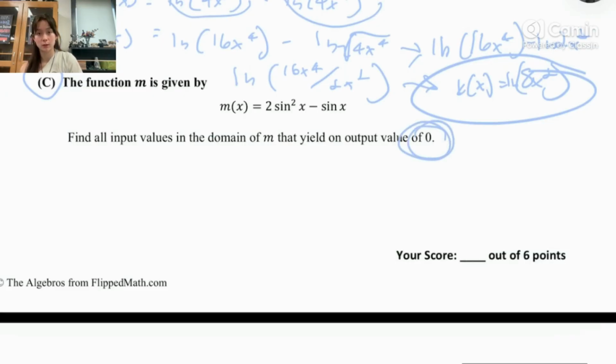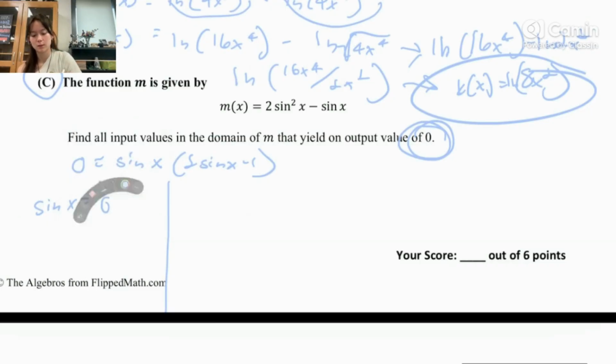We have to know that it's an output of 0, so you plug that into m of x, so that equals sine of x times 2 sine of x minus 1. And there's 2 parts for this one. So sine of x could equal 0. So we would do sine x equals 0, and then inverse that process to find the value. So it would be sine inverse of 0 equals x, which is just x equals 0 plus pi n.